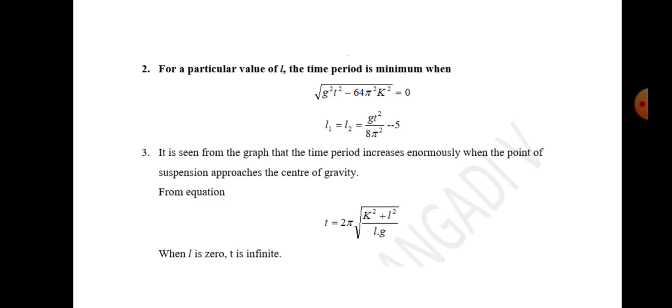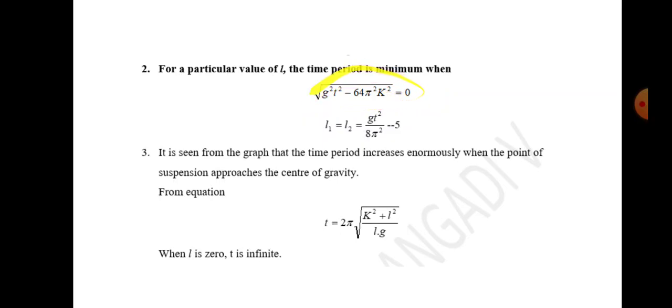Suppose the length of the bar pendulum is fixed at a particular value. The time period will be minimum when the square root of g square t square minus 64 pi square k square is equal to 0.